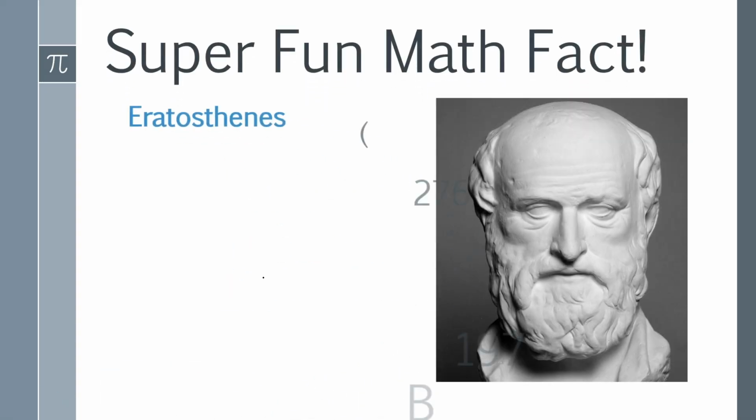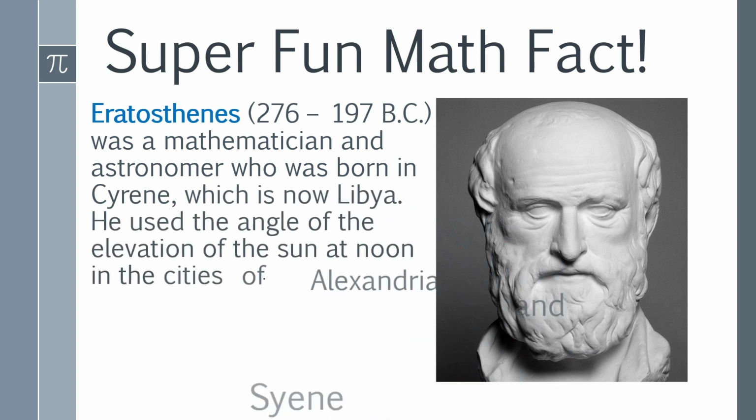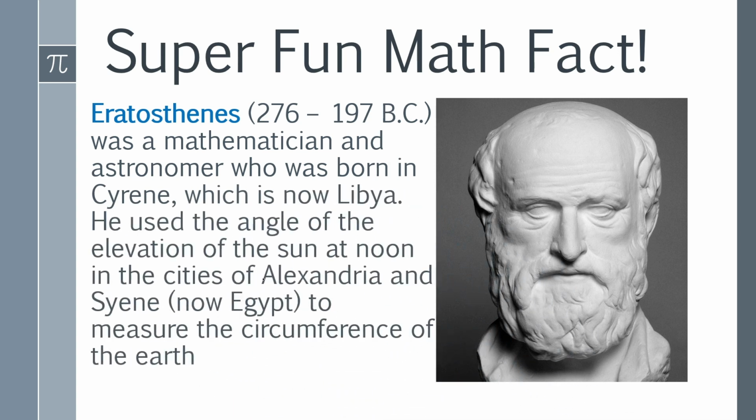Super fun math fact. We're traveling back in time here, and we're going to talk about Eratosthenes, who lived from 276 to 197 BC. He was a mathematician and an astronomer who was born in Cyrene, which is now located in modern Libya.